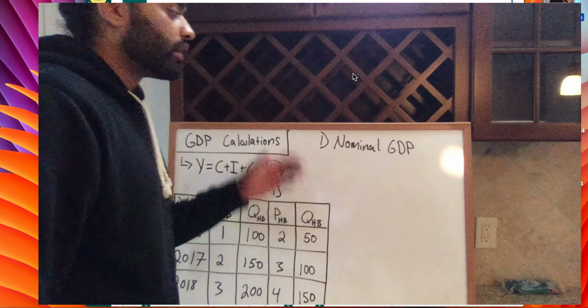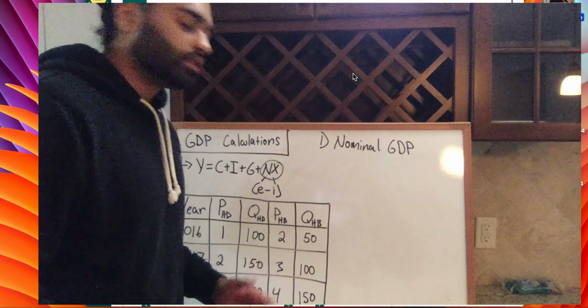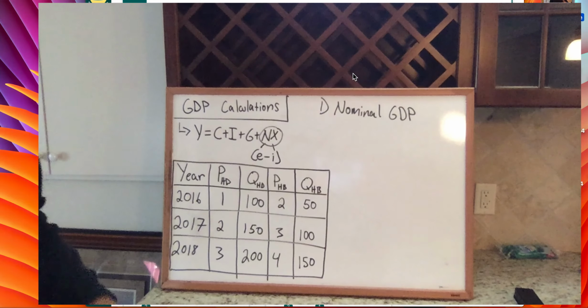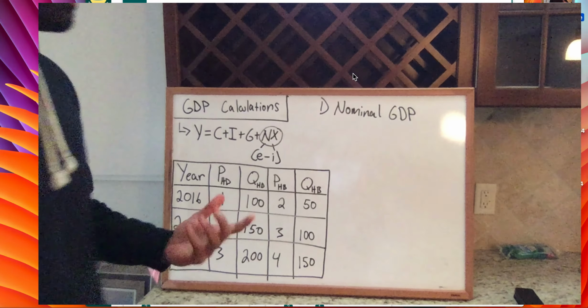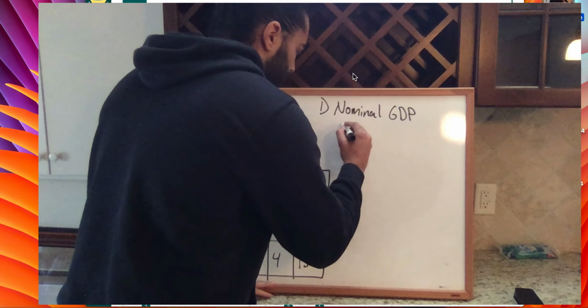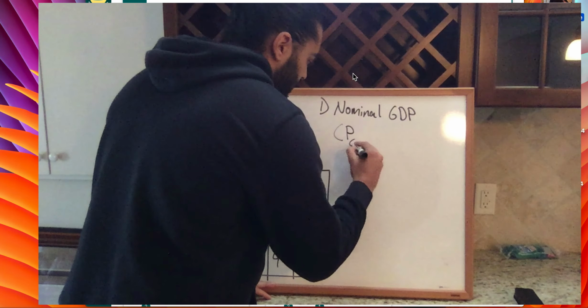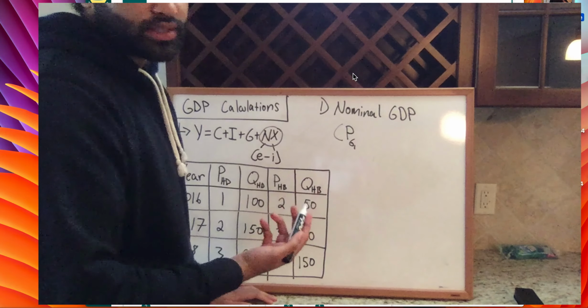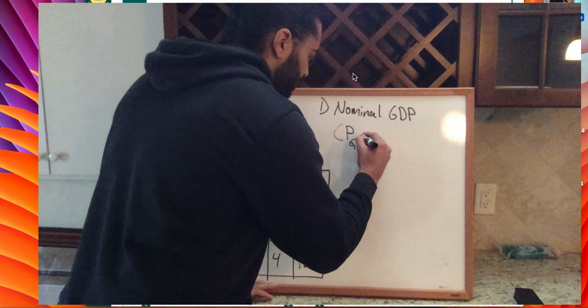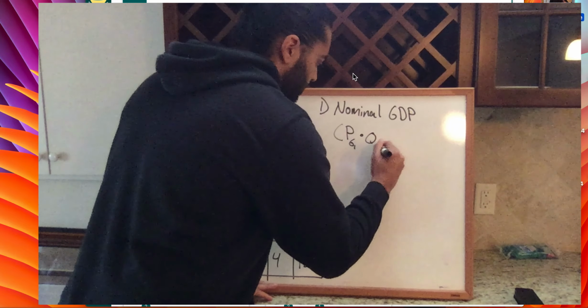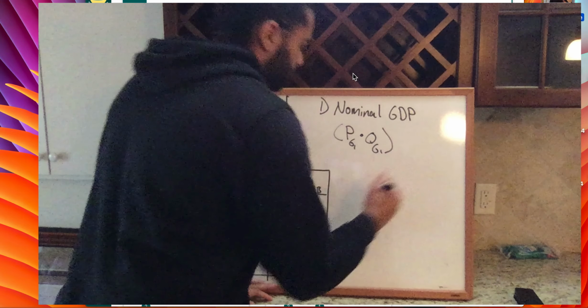So again, we're looking at current prices and current quantities. The formula for this would just be the price of G1, where G1 stands for good one, multiplied by the quantity of good one, and you close the parentheses.